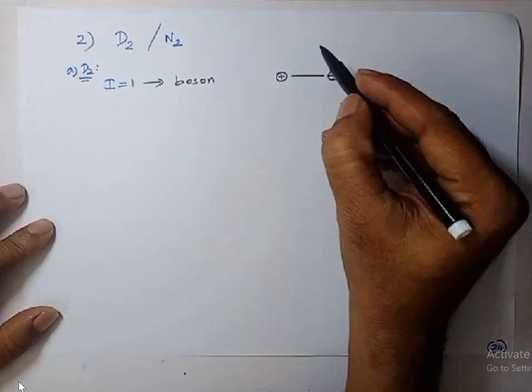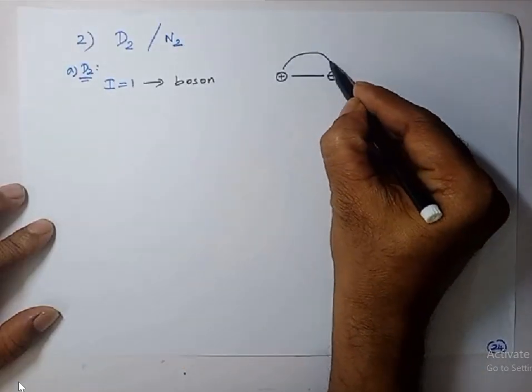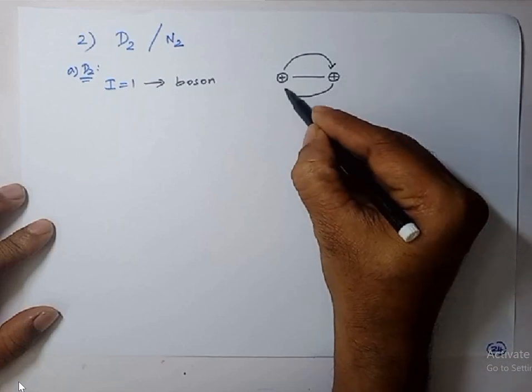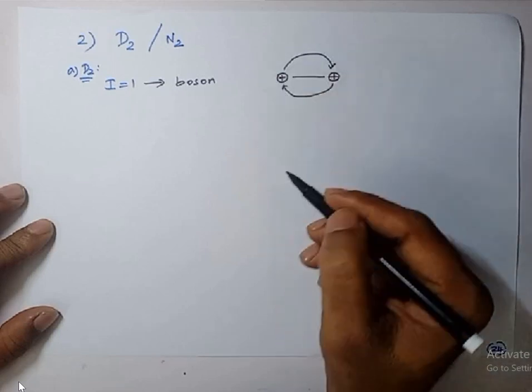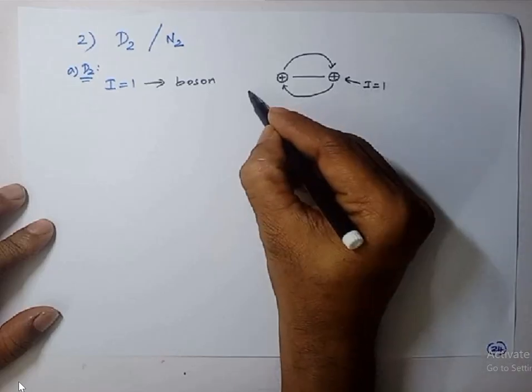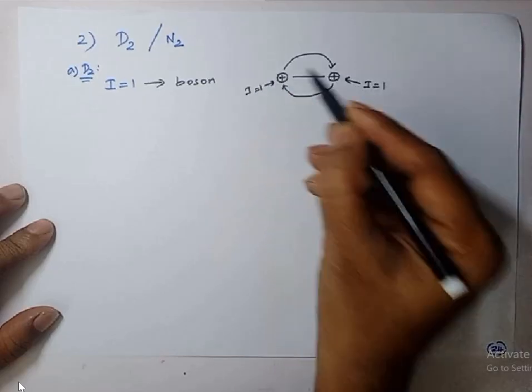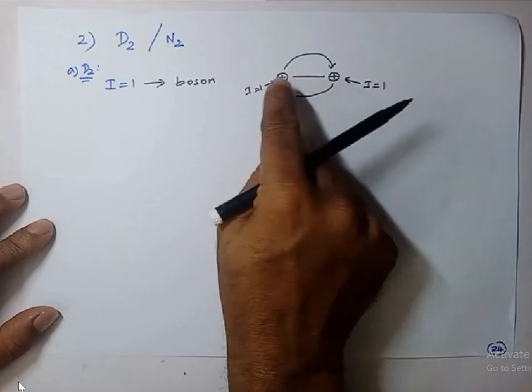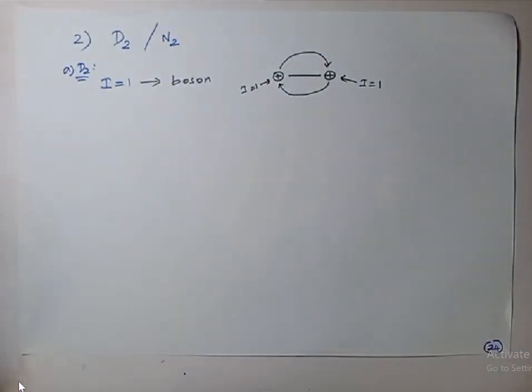When the molecule undergoes rotation, what will happen? The two nuclei exchange their position. The I value for this nucleus is 1, it is a boson. This is also 1 because both the nuclei are one and the same. They are identical nuclei, so the bosons are identical bosons.